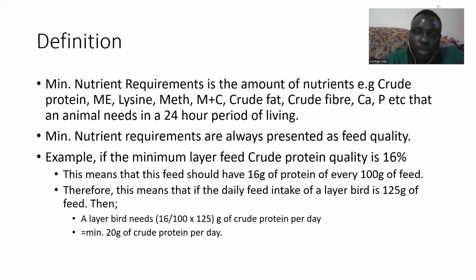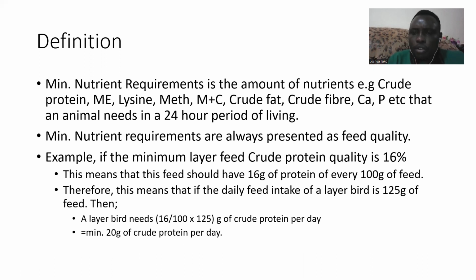So in total, it needs a minimum of 20 grams of crude protein per day. If you've made the feed and it does not supply the 20 grams, for instance, you made the feed of 15%, it would be 15 over 100 times 125, and definitely you will be less than 20 grams.